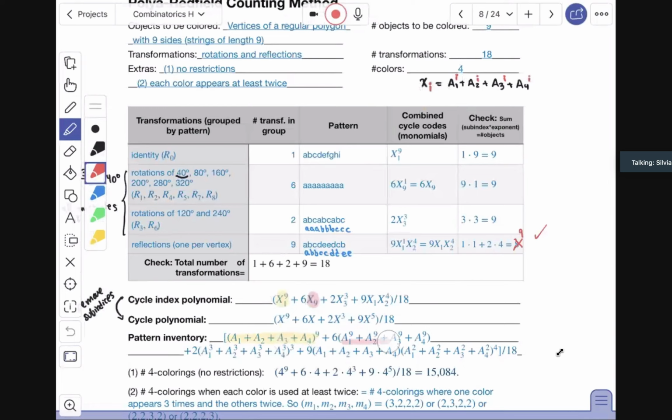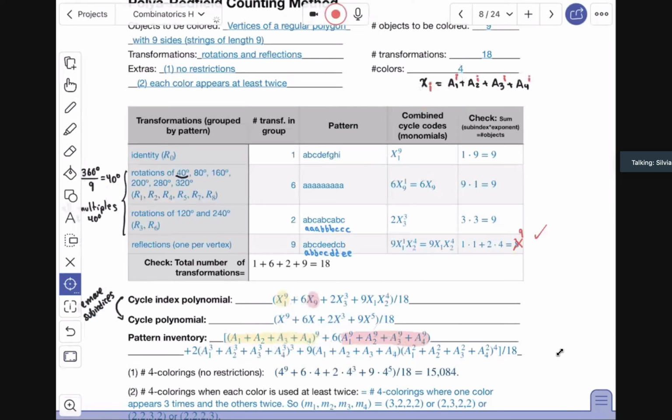So it is this one right here. See? 9 powers of the same 4, A1, A2, A3, A4. And the coefficients and everything else remain there, right? So there's 6 times that sum of 9 powers. And this one was x1 to the 9, so it's the sum of the first powers, everything to the 9.